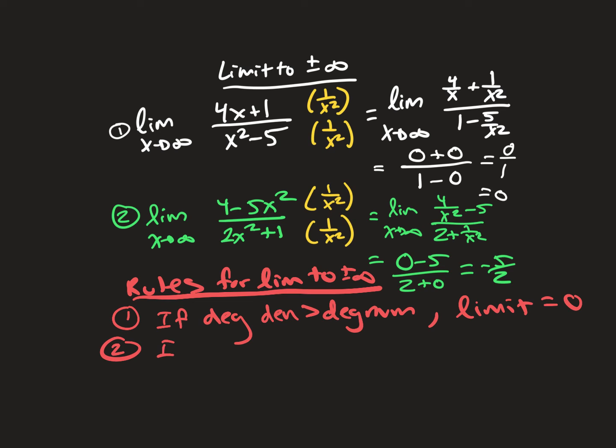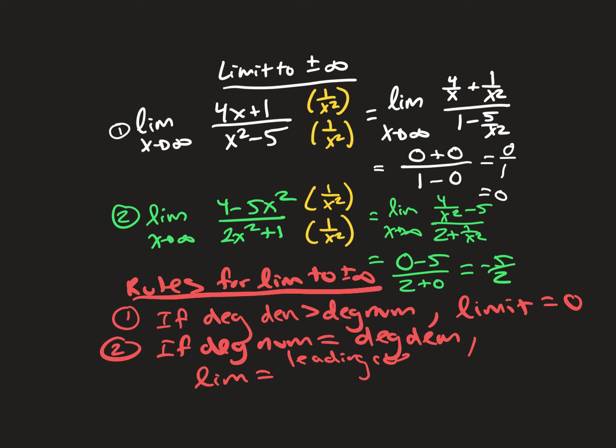And if the degrees are the same, so if the degree numerator equals degree denominator, the limit is equal to the leading coefficient of the numerator over the leading coefficient of the denominator.